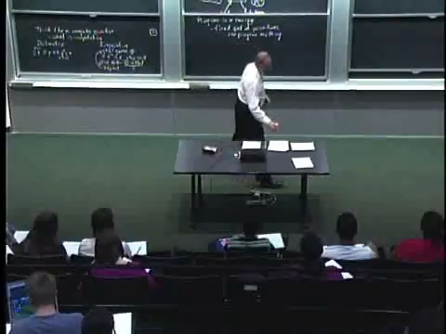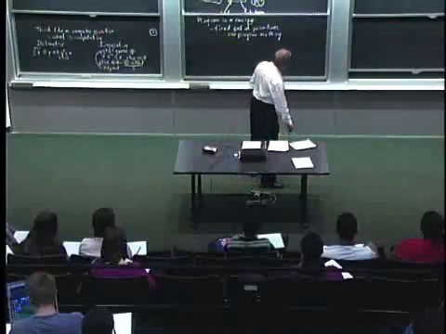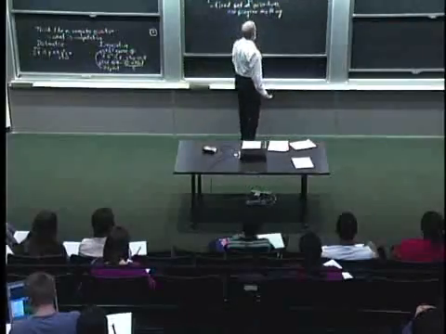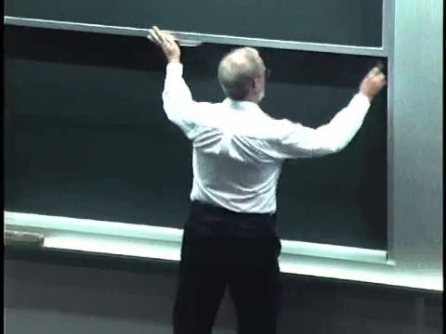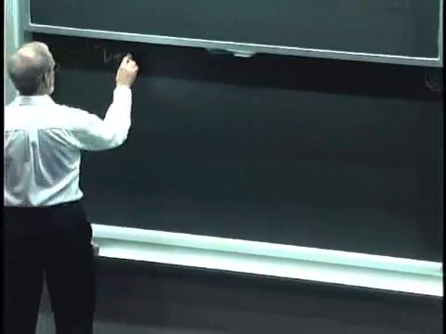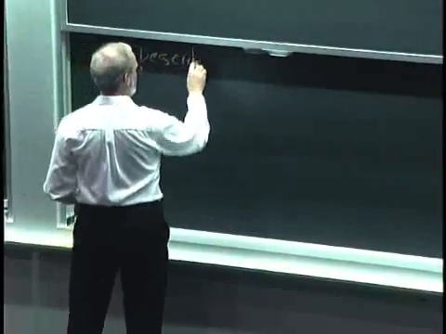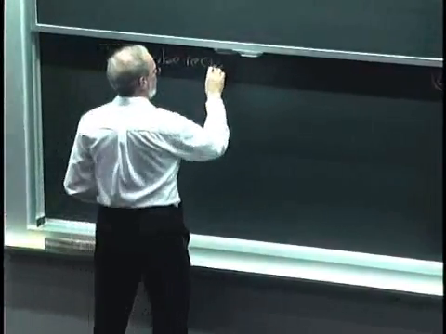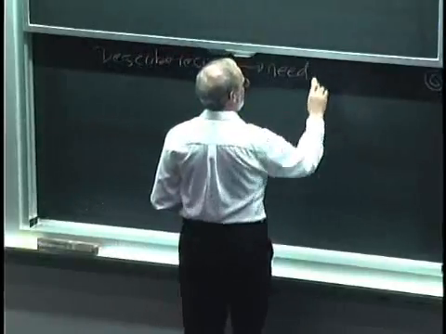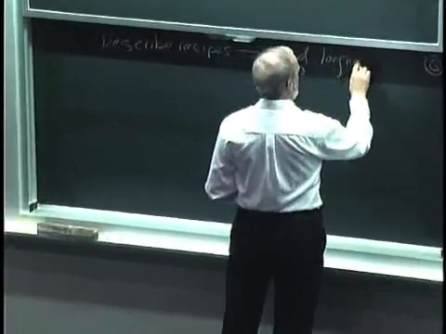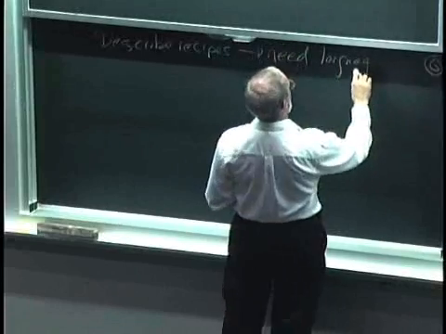And to describe the recipes, we're going to want a language. We need to know not only what are the primitives, but how do we make things meaningful in that language.